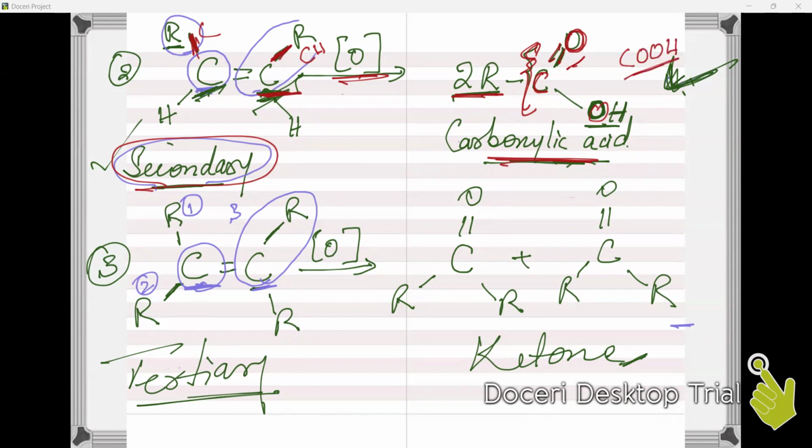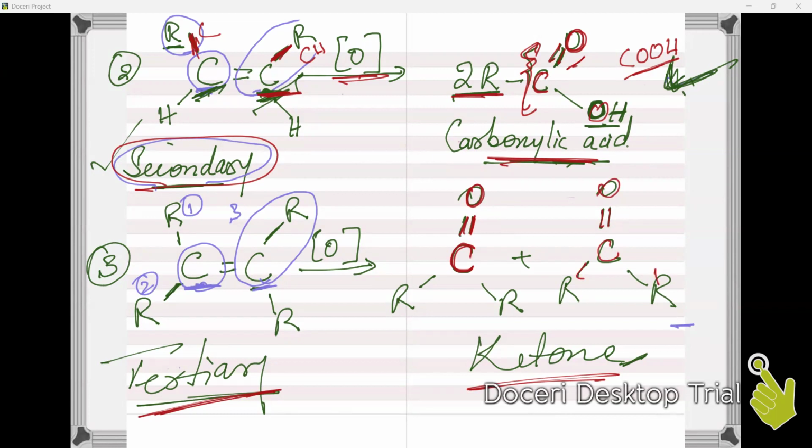Then it's a carboxylic acid. And if I treat it with tertiary, meaning three alkyl radicals are attached, then it will give me what? Ketones. And how can ketones be identified? One carbon is attached with a double bond to oxygen and alkyl radicals. So this is the difference.